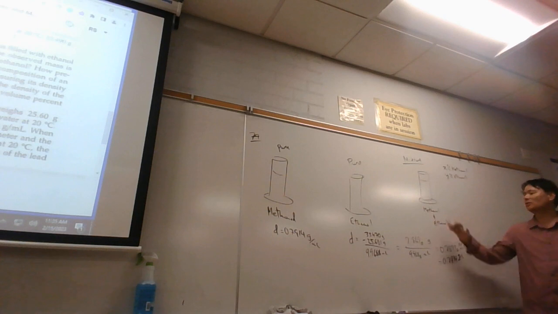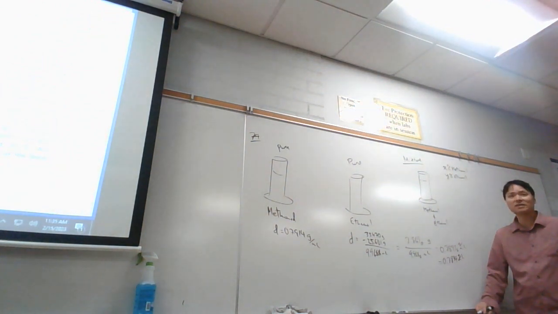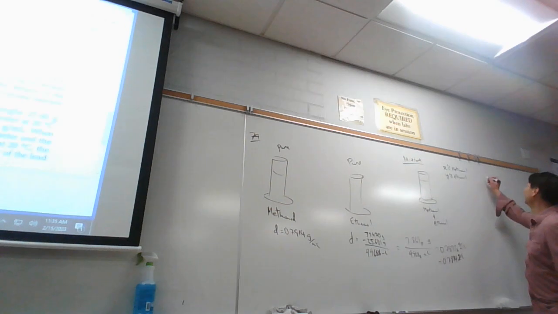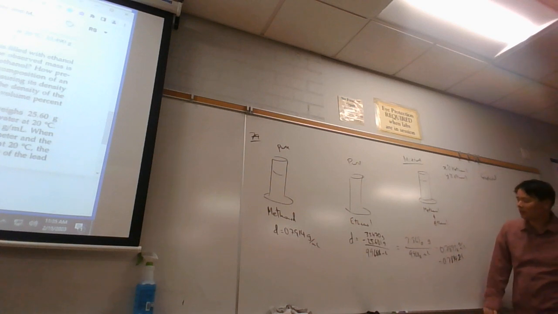So I have a mixture of methanol and ethanol. What are the ways we can figure it out? One way we could figure it out is by measuring its density. And so this is the graphical method. Which one has a lower density, methanol or ethanol?